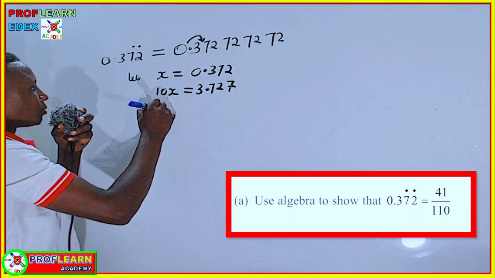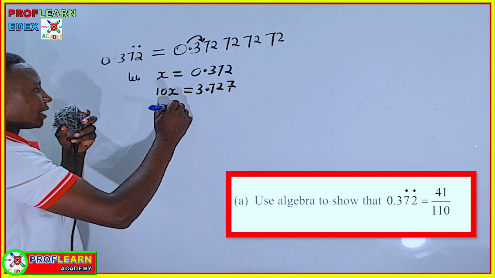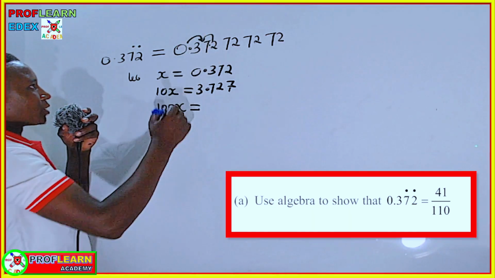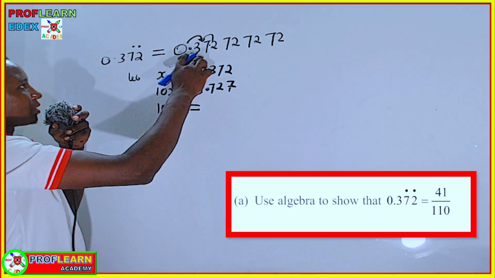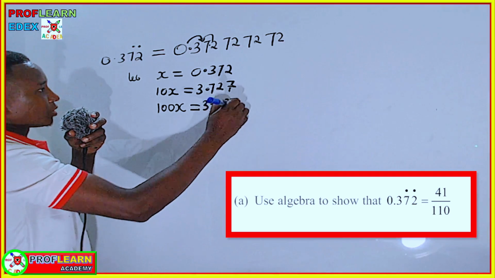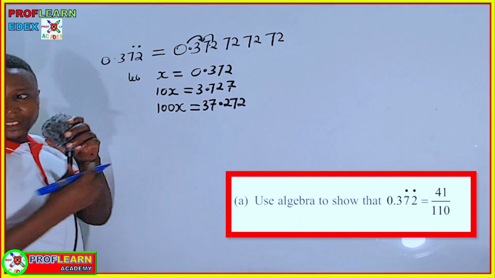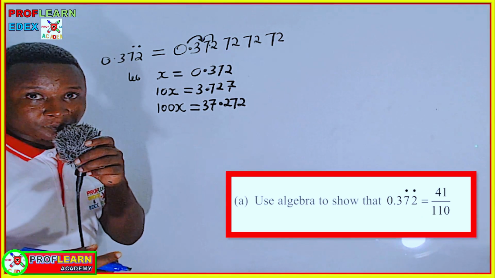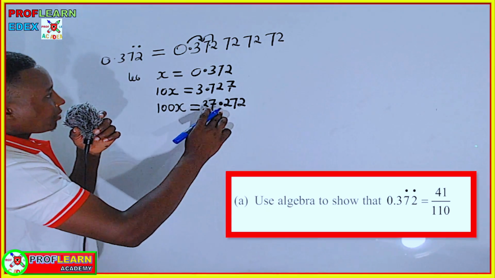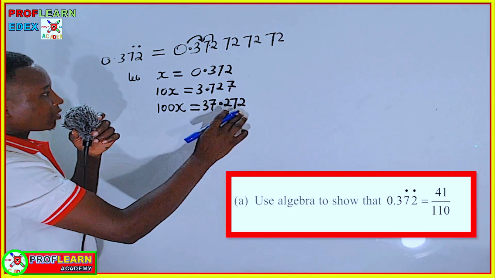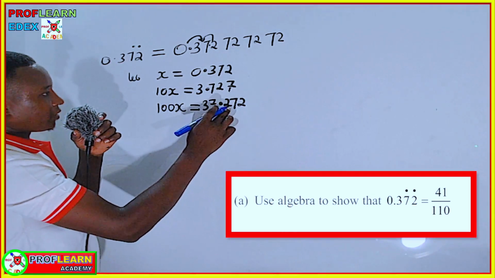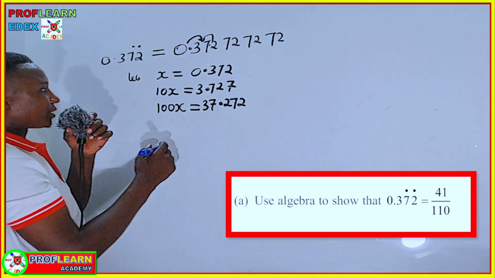We need to have 100x, so the decimal moves to this point and this becomes 37.272, written correct to 3 decimal places. Can you see anywhere you can subtract and get a 0 after the decimal? This is 372, 727, no, 272, so still not yet.